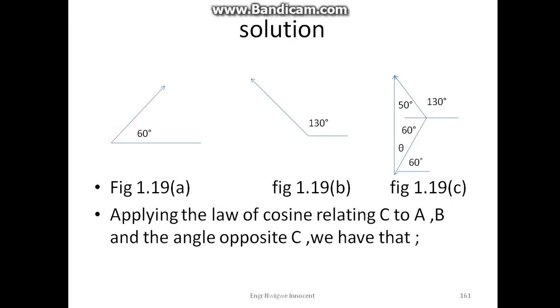Then, in the law of triangles, we have that opposite angles are equal. So the Cartesian coordinate inside the 130 degrees is 60 degrees. Since the horizontal line is 180 degrees, we subtract 130 from 180, which will give us 50 degrees.